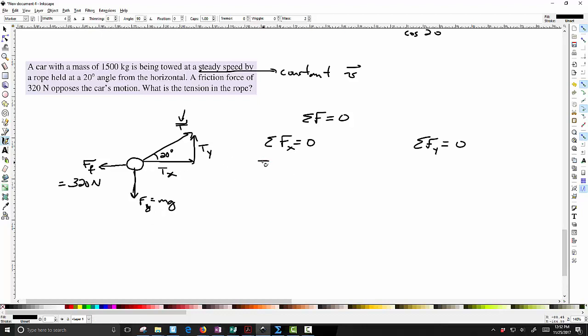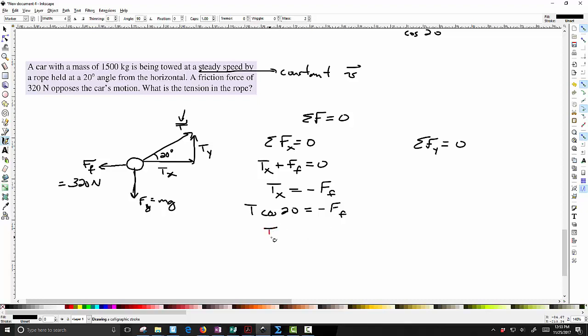So I got Tx plus the force of friction is equal to 0. So Tx is going to be the opposite of the force of friction. But I'm looking for the tension. So if I can get Tx in terms of tension, I'll be done. And I can because it's next to the angle. So it's going to be T cosine 20 is equal to negative force of friction.